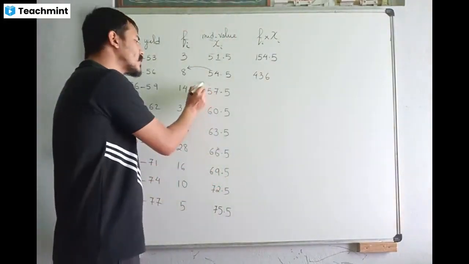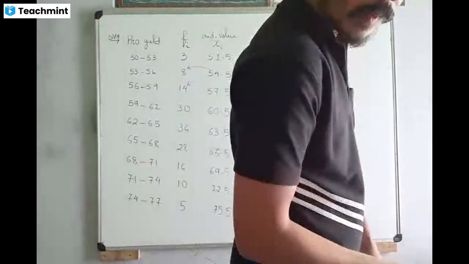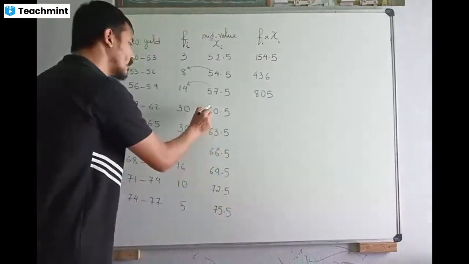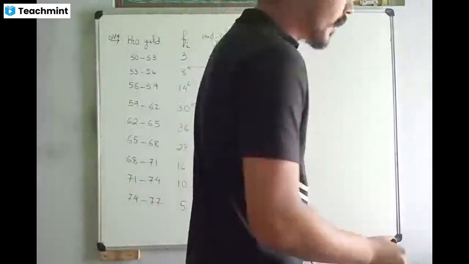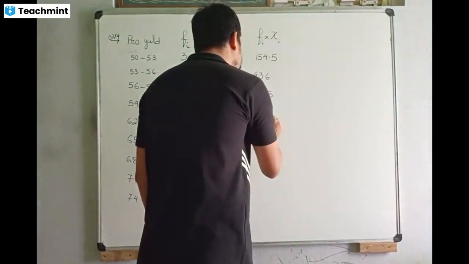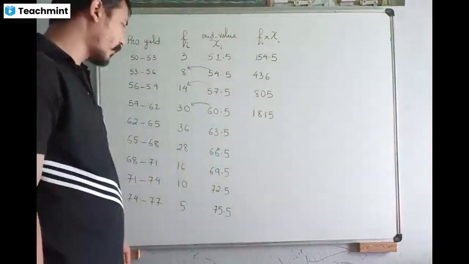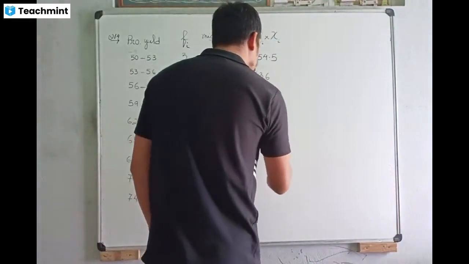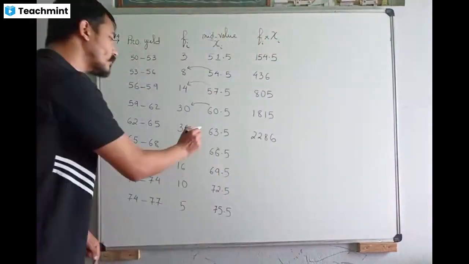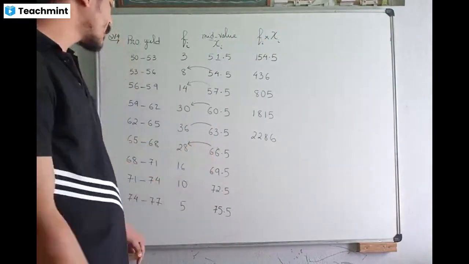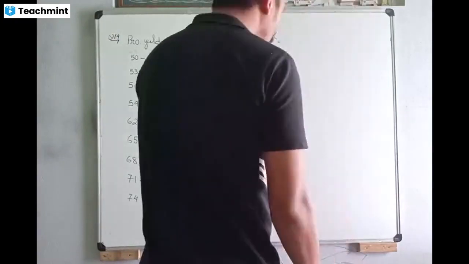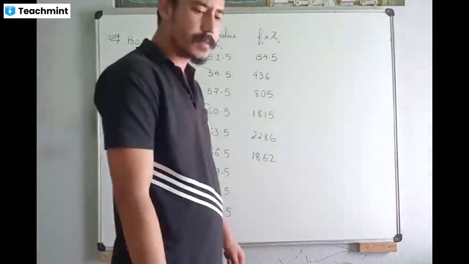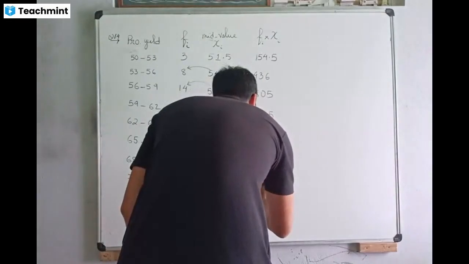Next, 57.5 times 14 will give you 805. 60.5 times 30 will give you 1815. 63.5 times 36 will give you 2286. 66.5 times 28 will give you 1862. 69.5 times 16 will give you 1112.